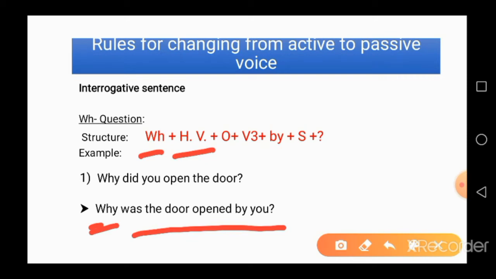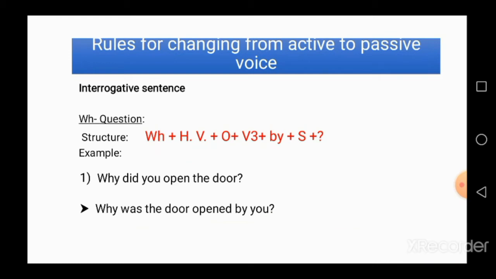So, the only difference between verbal question and WH question is, in the verbal question we take helping verb first, and in a WH question we take WH word first and then helping verb, and finally we write a question mark. That is in the passive voice of WH question.